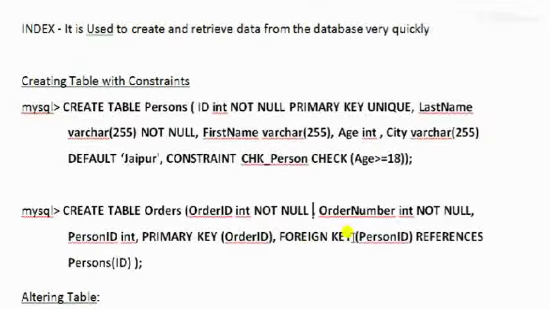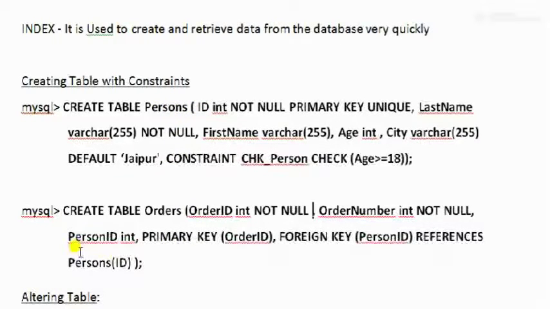Then the foreign key. Foreign key, person ID. Person ID is already there, int type. Person ID is a foreign key that references persons. Persons is the table, and ID is one of the fields of the table. So person ID of the orders table is referring to ID of persons.